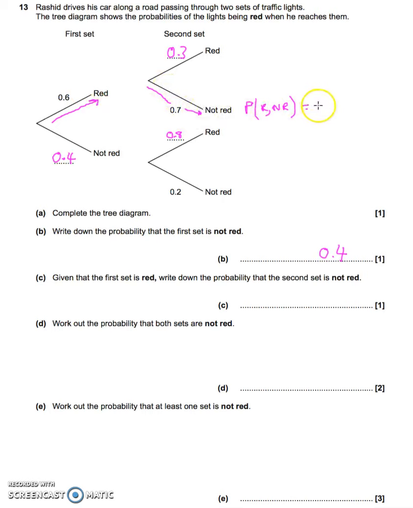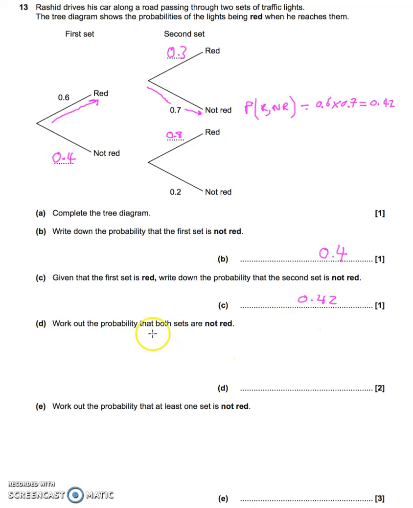So 0.6 multiplied by 0.7 is 0.42. You can use your calculator if you want to. So 0.42, nice single mark, nice and simple.